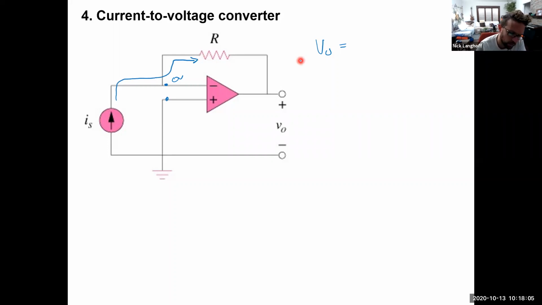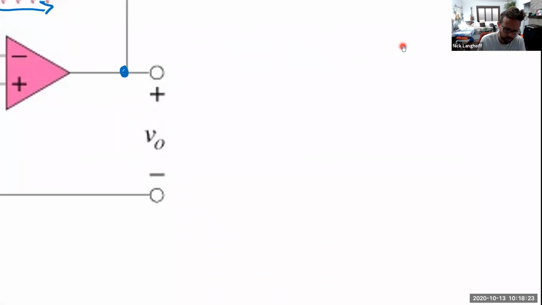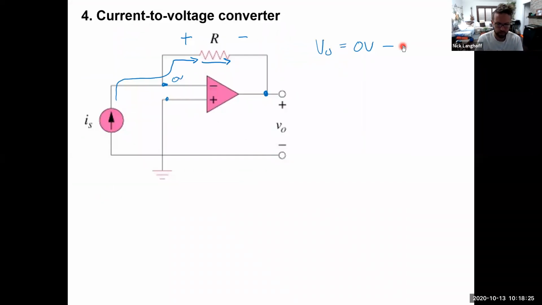If you looked at Vout and did a nodal equation here, you know that it's going to be 0 volts minus the drop across RF, because that current is going through RF, right? Which is going to be IS times RF.